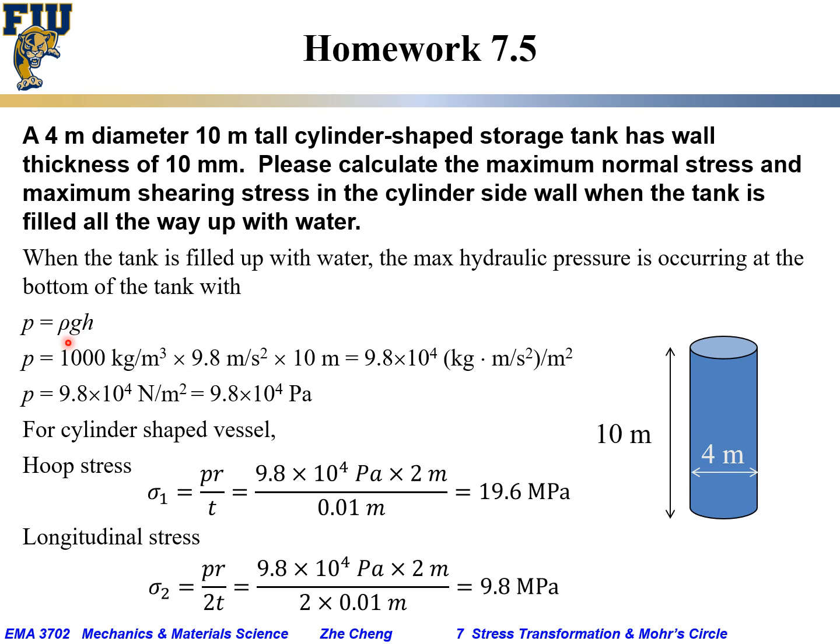Okay, so rho gh, if it's 10-meter tall: rho for water would be 1,000 kilogram per cubic meter, g is 9.8 meter per second squared, and h would be 10 meter for the bottom of the storage tank.